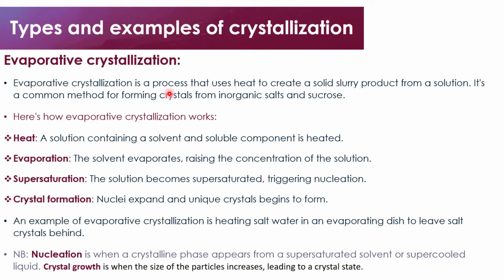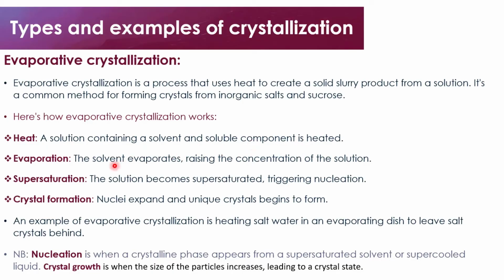Evaporative crystallization is a process that uses heat to create a solid slurry product from a solution. It's a common method for forming crystals from inorganic salts and sucrose. Let's see how evaporative crystallization works. The first is that a solution containing the solvent and soluble component is heated.